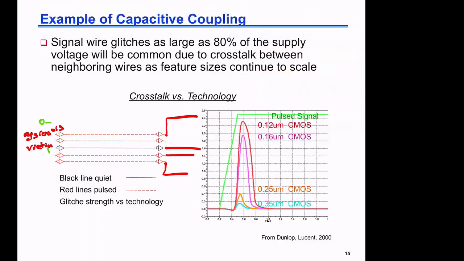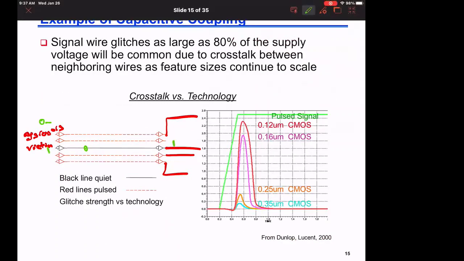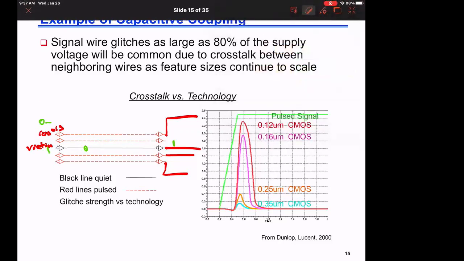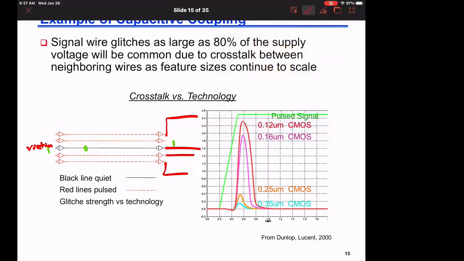Let us say that this has a 1, and this is supposed to be 0, and this is supposed to be 1. And let us assume that the aggressors on this are now glitching. Yeah, the signal is changing, and so the aggressor is having the input going down, and therefore the input here going up. And the same for this guy, this is going up.